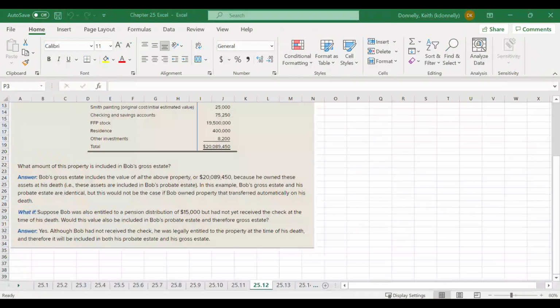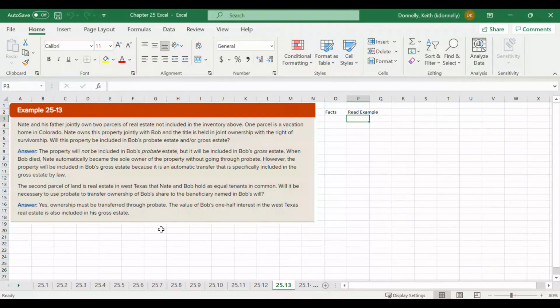So if we look here at 25-13, it looks like Nate and his father owned two parcels of real estate that weren't in the inventory from the last example. It looks like they own one property jointly, with a right of survivorship. Will this property be included in the probate estate and or gross estate?